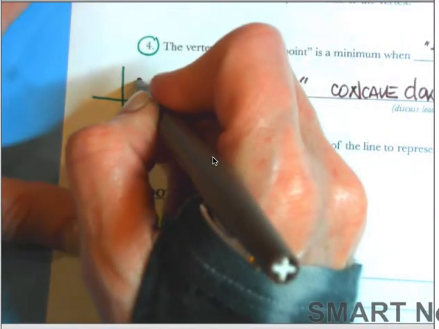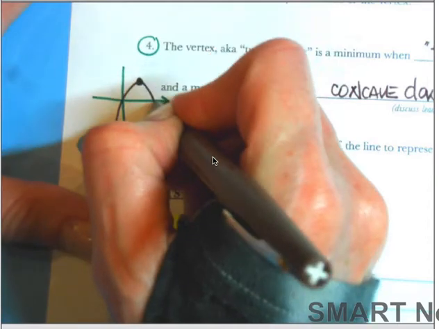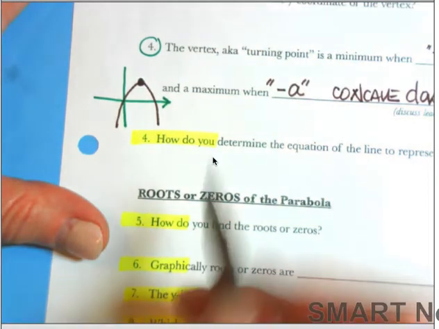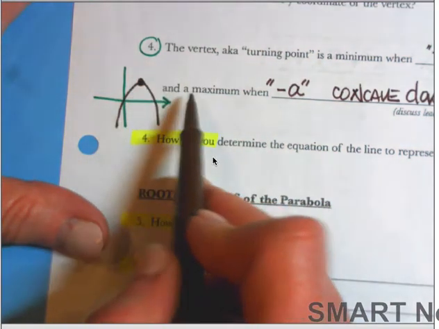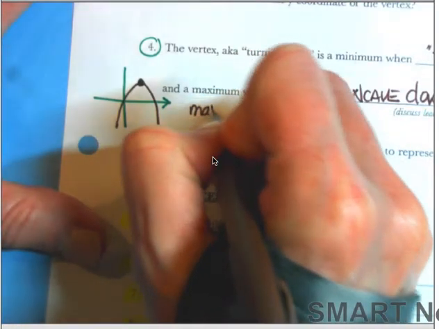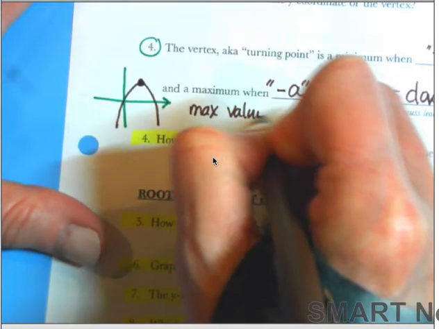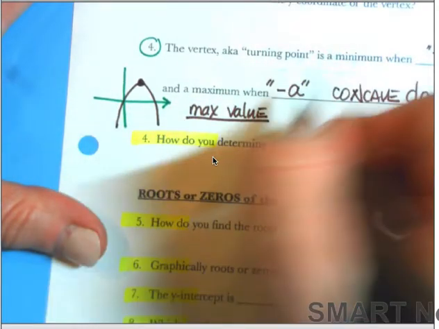So if my vertex occurred in quadrant number 1 and the graph turned down, it would go through the x-axis. So here my vertex would be a maximum point.